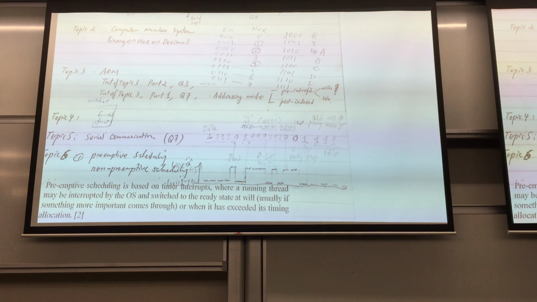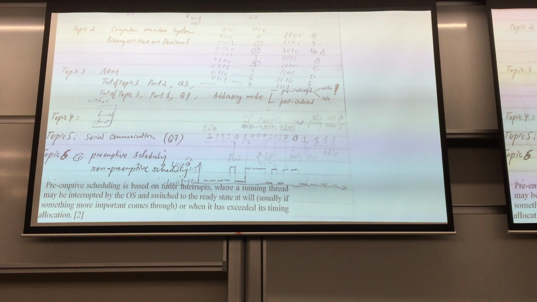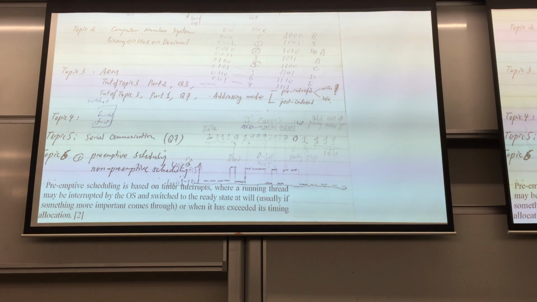If you are required to draw it in a waveform, you should know. Logic 1 basically corresponds to the negative voltage. Okay? It could be negative 3 volt, it could be negative 15 volt. So for example, my case is negative 15.